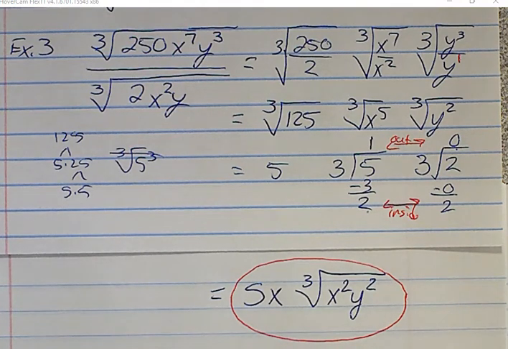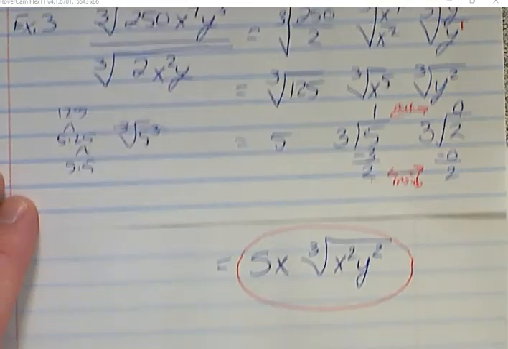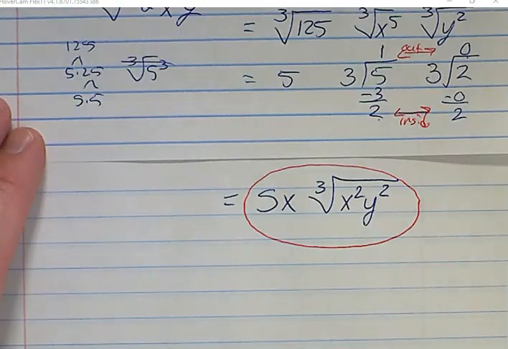Alright, let's get you one more here. Because all these so far, the numbers have come out to be perfect numbers. Let's get you one where the numbers don't come out to be exactly perfect, where we've got to work on it just a little bit.